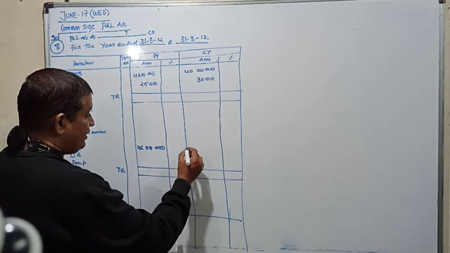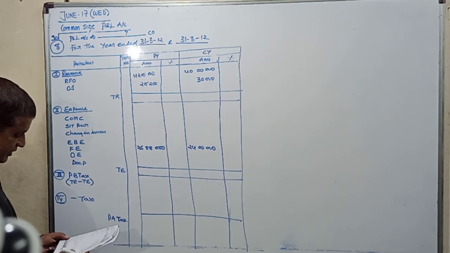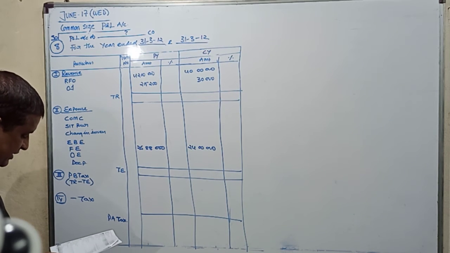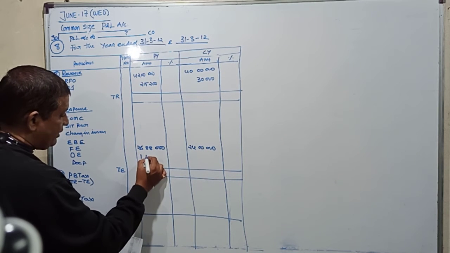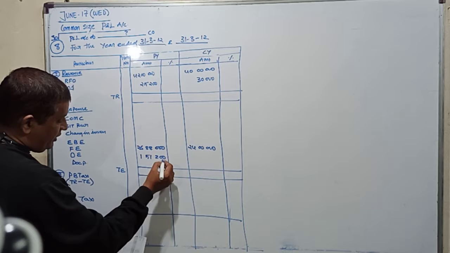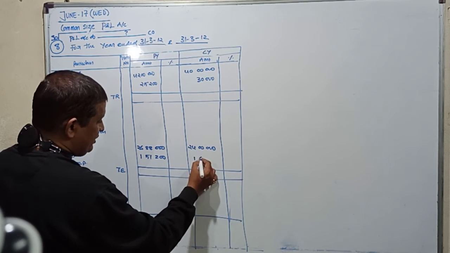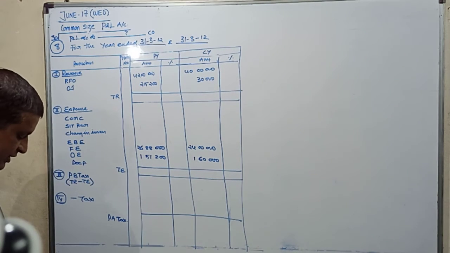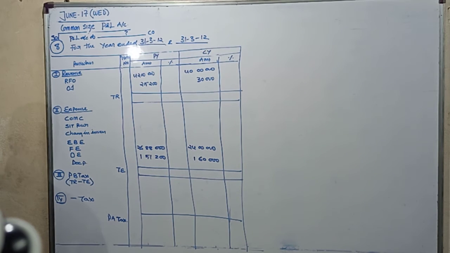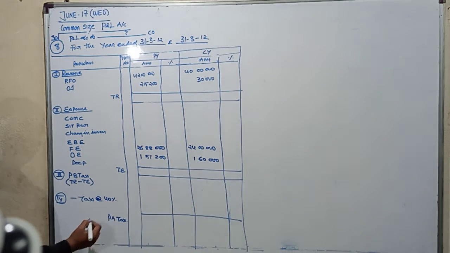For the current year, it is 24 lakhs. Next, other expenses. For the previous year, it is 1,51,200. For the current year, it is 1,60,000. Income tax, minus tax, at the rate of 40%. When we come to this, we'll look at the tax.